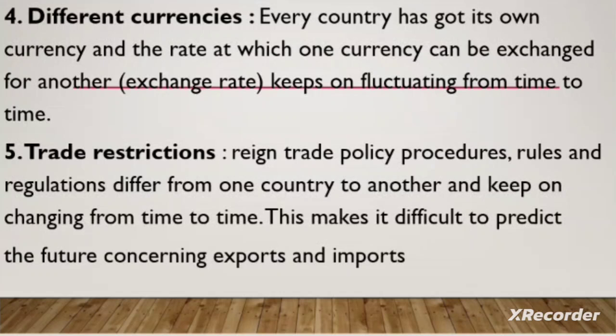We are talking about the issue of devaluation. Mainly low value. It cannot be compared to the dollar. Dollar is valuable. Now, every country has got its own currency, and the rate at which one currency can be exchanged for another, which is the exchange rate, keeps on fluctuating from time to time.